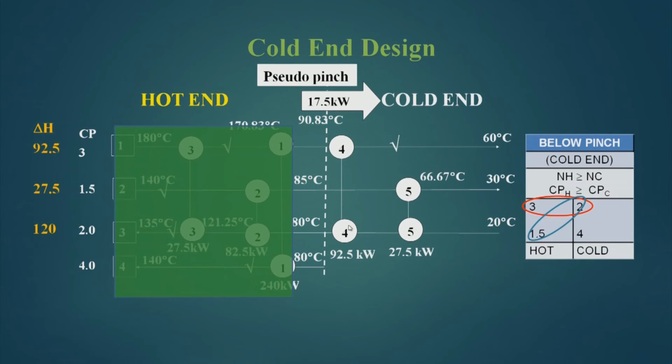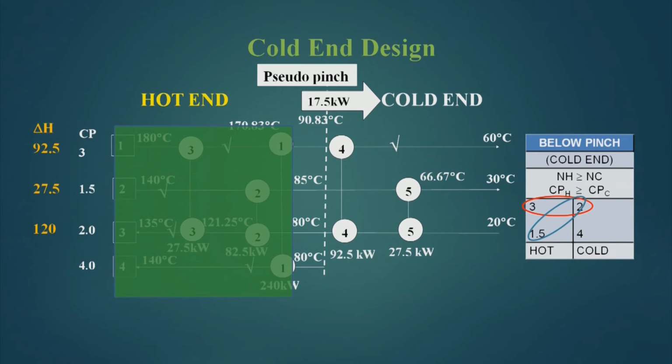This is a pinch heat exchanger, so it has to obey this CP rule very strictly, but this is a non-pinch heat exchanger. So, CP rules can be somewhat diluted for this, unless otherwise we cannot put a match, but we have to see that this does not violate the delta T minimum criteria.